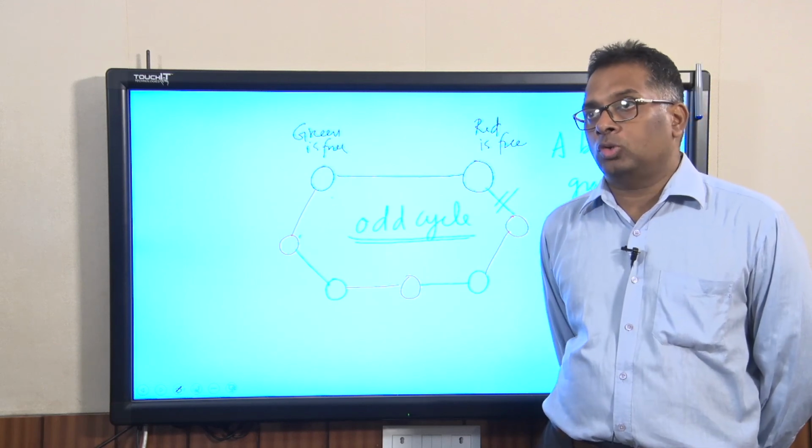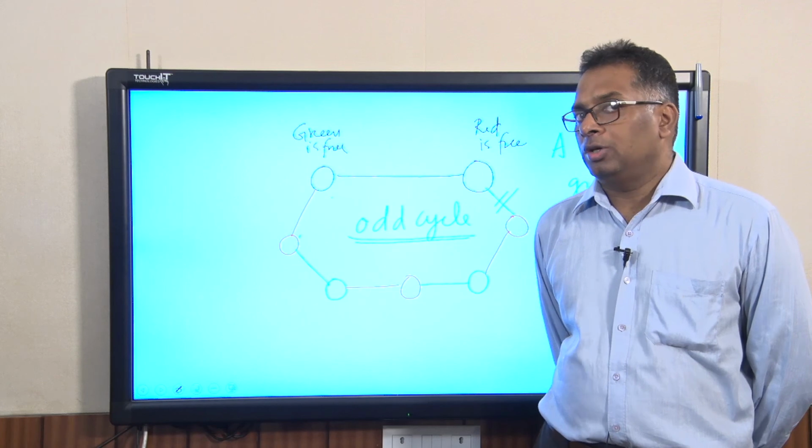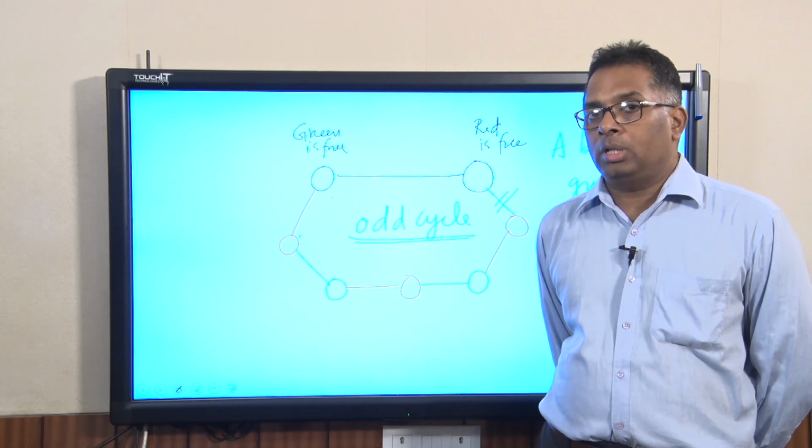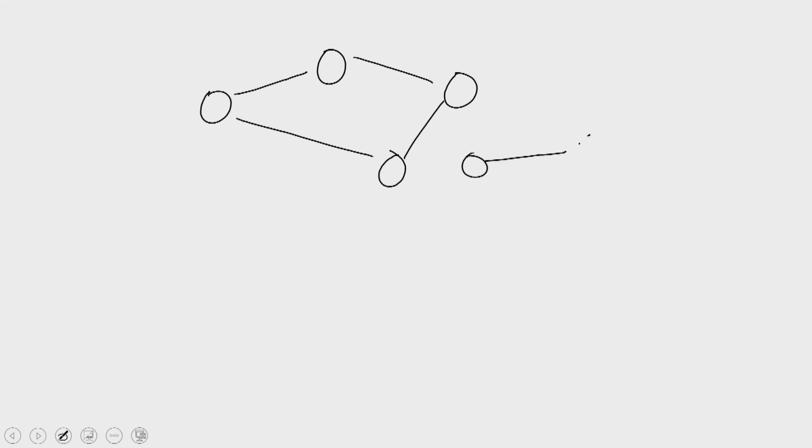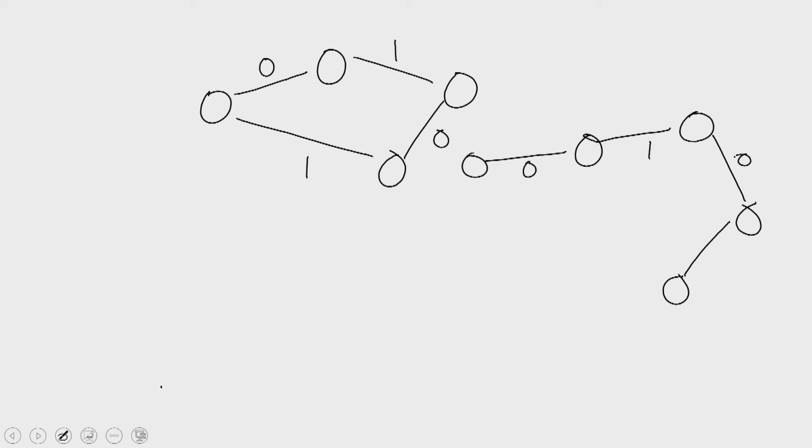A graph that comprises only of chains and even cycles is a degree 2 graph, and it can be two edge colored. That is, when I have a graph of this sort, this can be two edge colored, where 0 and 1 are the colors.